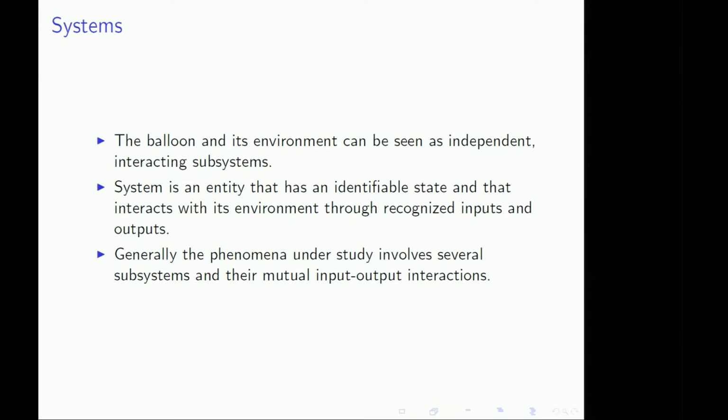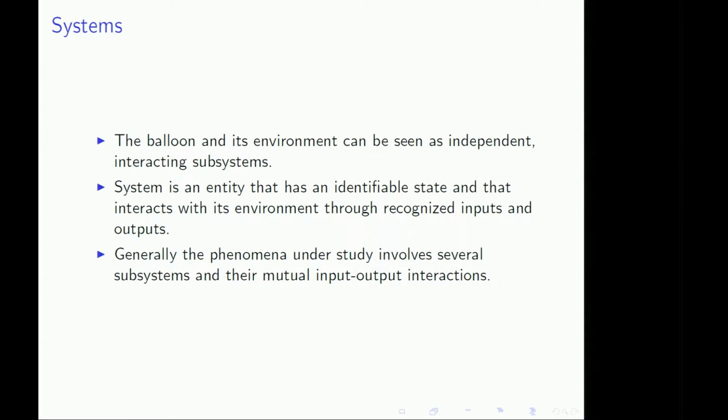So the balloon and its environment are sort of independent, but they are interacting through the balloon surface. So we have at least two different subsystems in our model, the balloon or inside of it, and the outer space, and maybe also the balloon surface, depending on what we will be modeling.